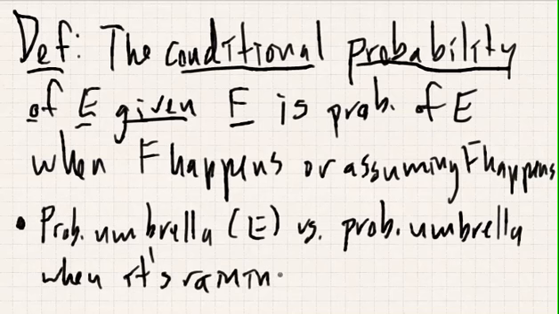Here, the fact that it's raining would be the event F. So this is a case where I'm looking for the relative probability when I know that it's raining, when it is actually raining.